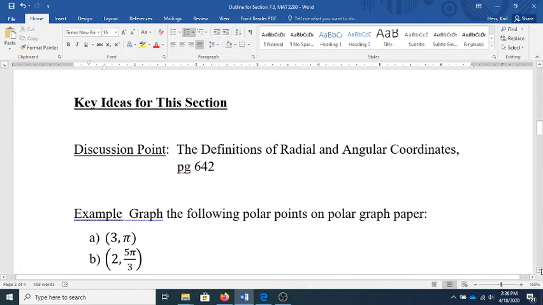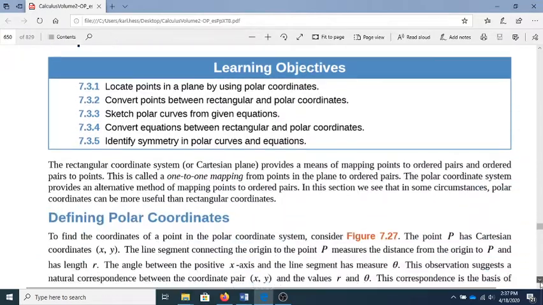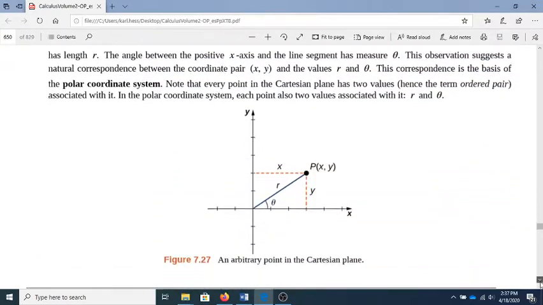So, key ideas for this section. This is the big thing right here, the definition of polar coordinates. We just found some radial and angular coordinates, an r value and a theta value. The book introduces those on page 642, the first page of section 7.3.